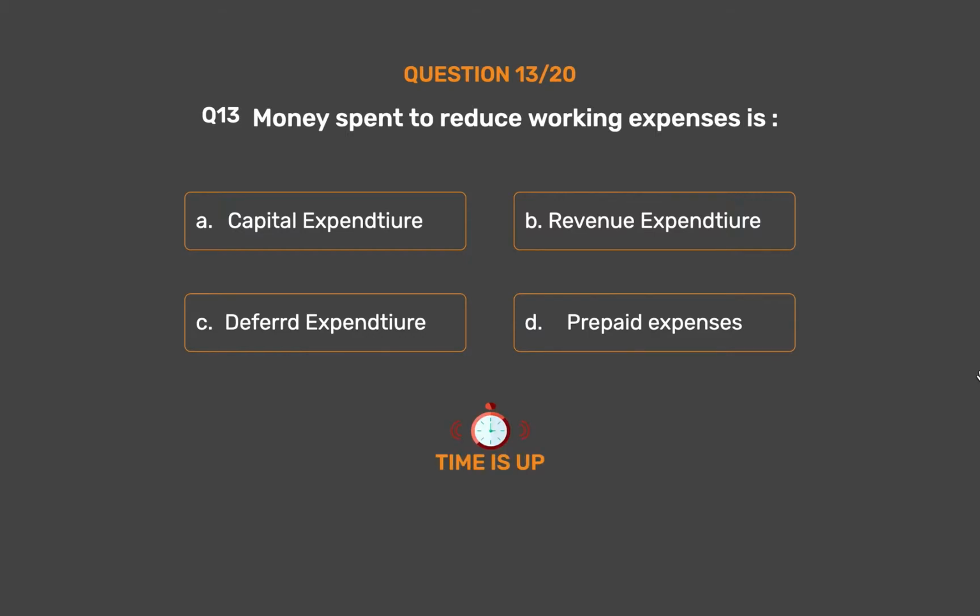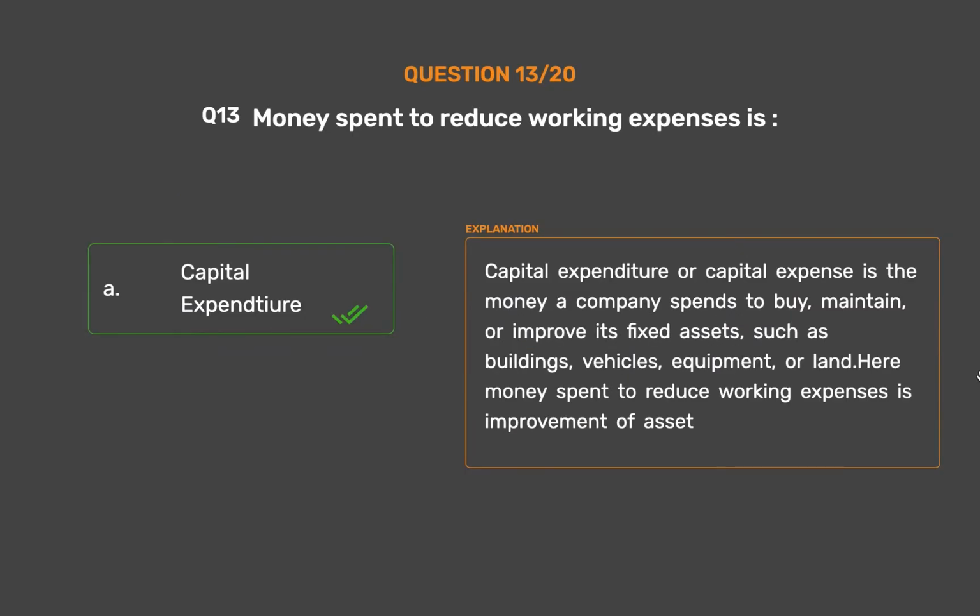The correct answer is option A, capital expenditure. Capital expenditure or capital expense is the money a company spends to buy, maintain, or improve its fixed assets, such as buildings, vehicles, equipment, or land. Here, money spent to reduce working expenses is improvement of asset.